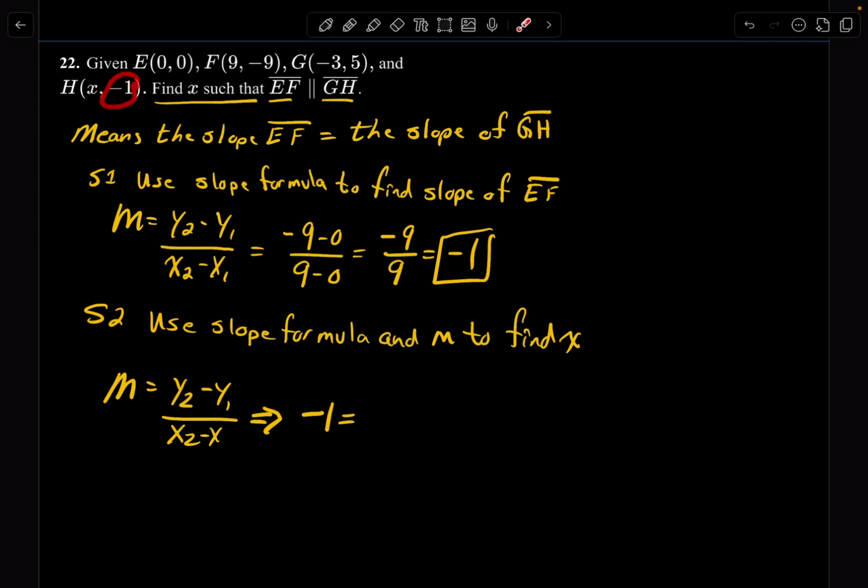here's Y2, here's Y1, over X2, which we don't know, minus X1, which is negative 3.